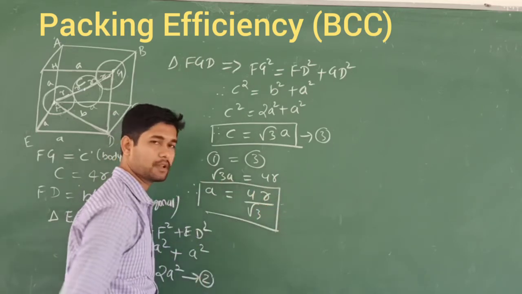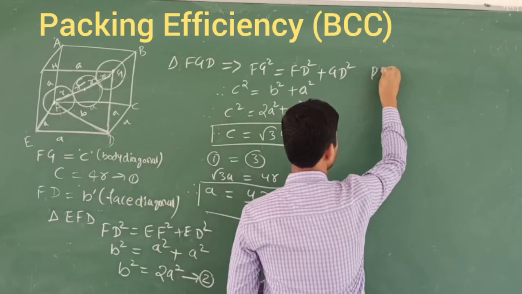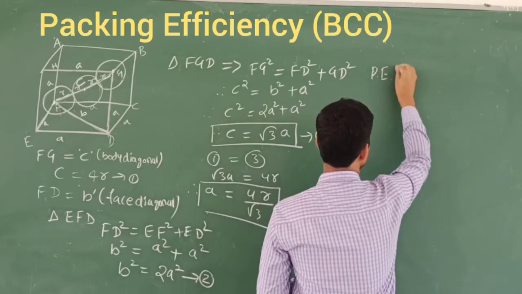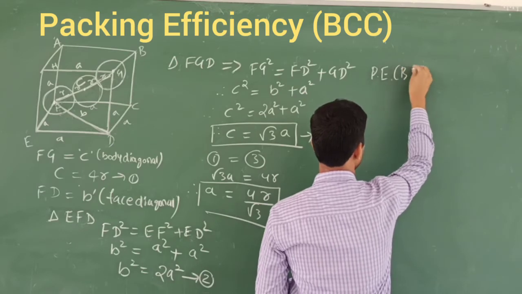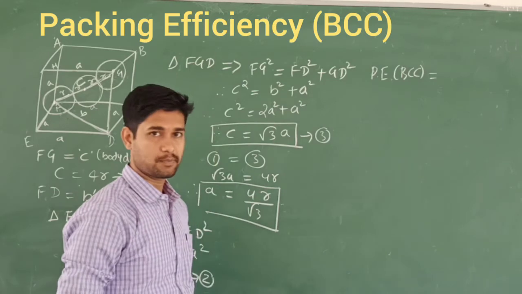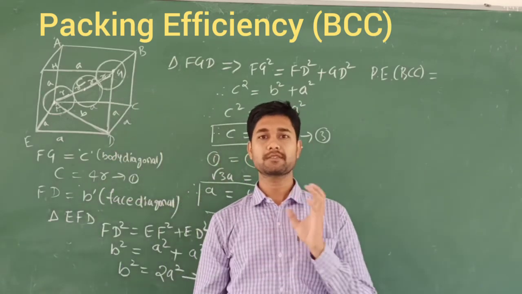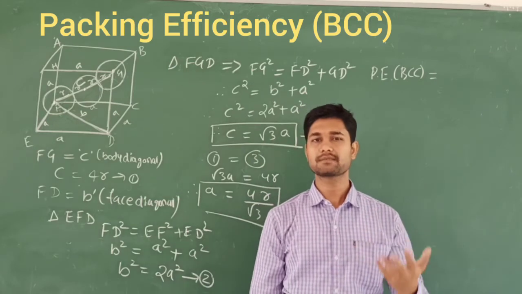So now I am going to take directly the formula for packing efficiency in the, sorry, this is the body centered cubic unit cell. You know the volume of the sphere, and you know that in BCC, 2 particles will be there, that is nothing but 2 spheres.